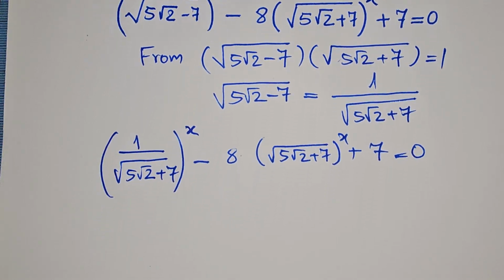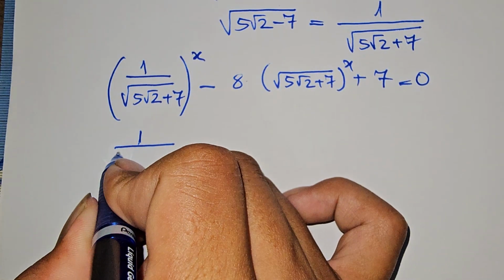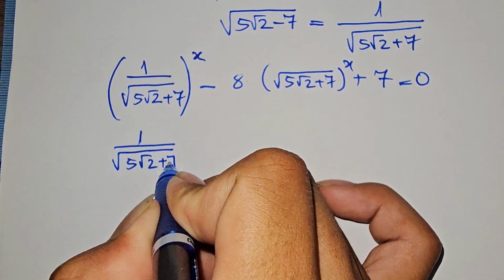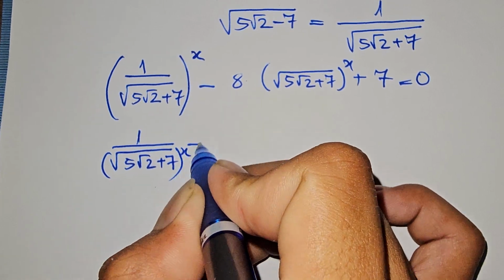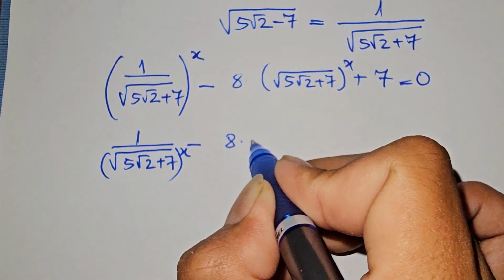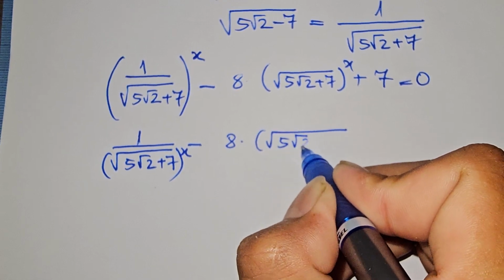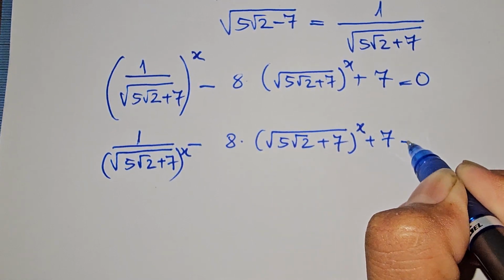So here we get 1 divided by (√5·√2 + 1)^x, minus 8 times (√5·√2 + 1)^x, plus 1 equals 0.